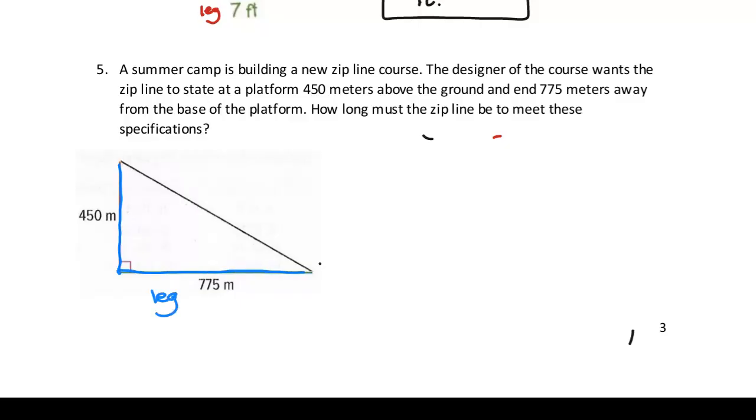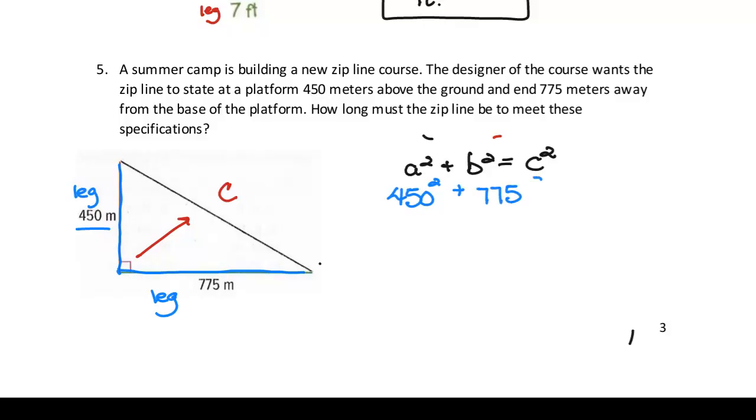So this is a leg, this is a leg. Here's your hypotenuse, and that is the C. A squared plus B squared equals C squared. Your A value, pick one of them: 450 squared plus 775 squared equals C squared.